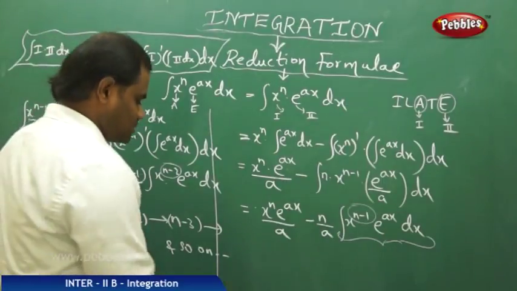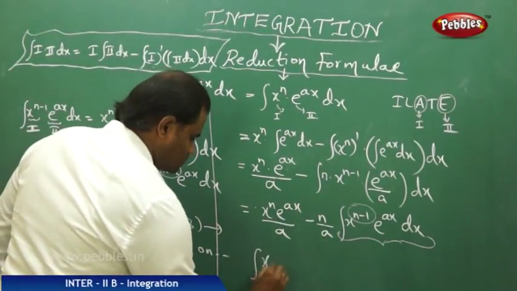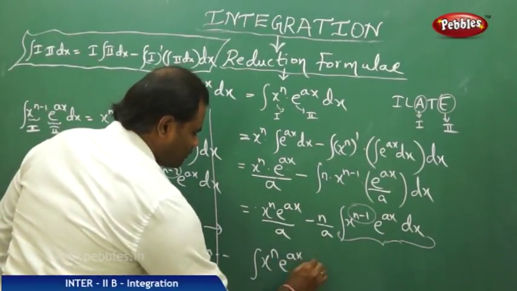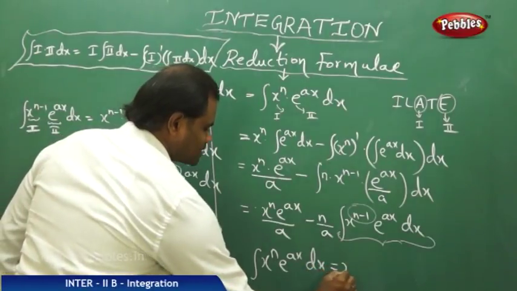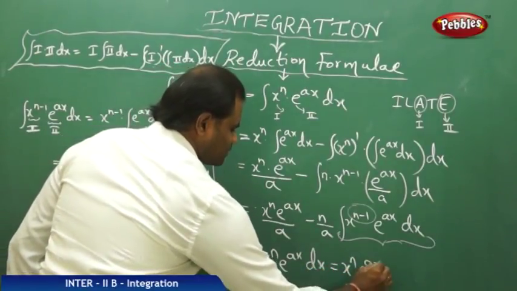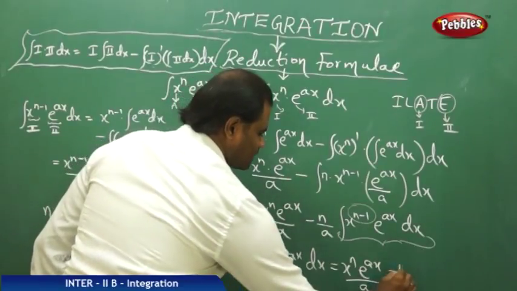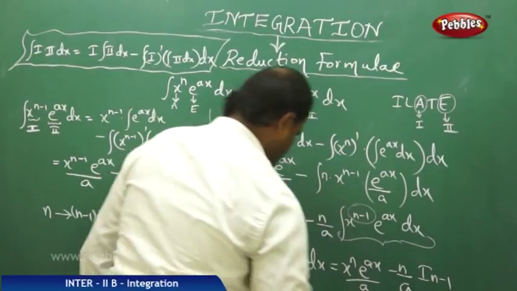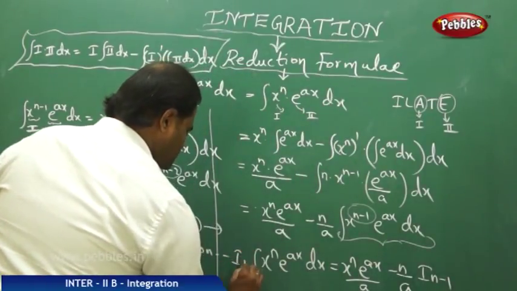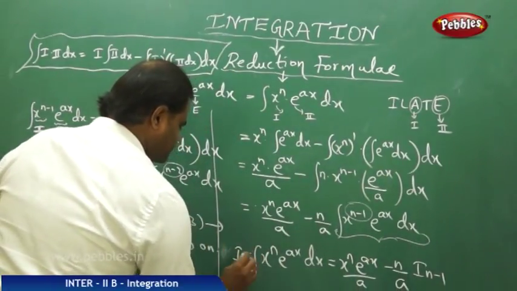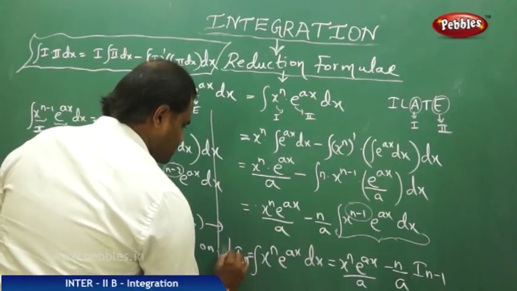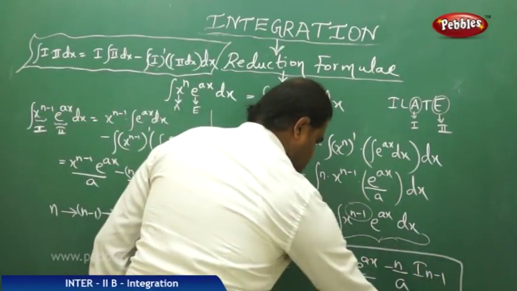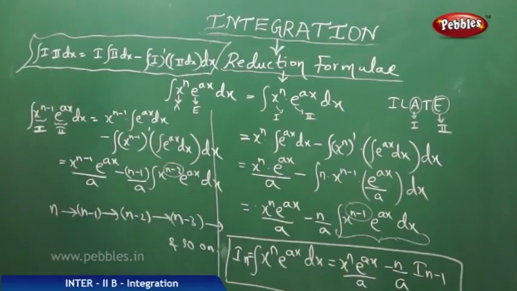Therefore we take this reduction formula of x power n e power ax dx as x power n e power ax by a minus n by a, and this is taken as I n minus 1. If I take this as I n equals this, is how we see the formula.